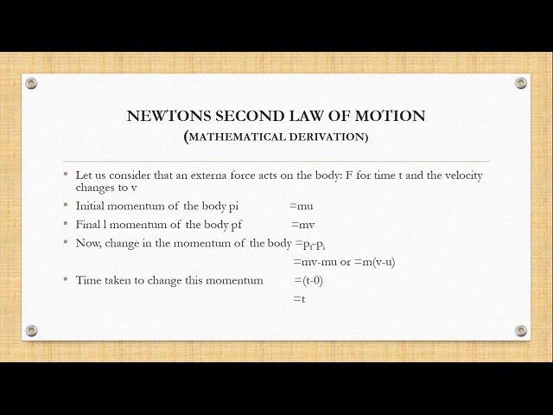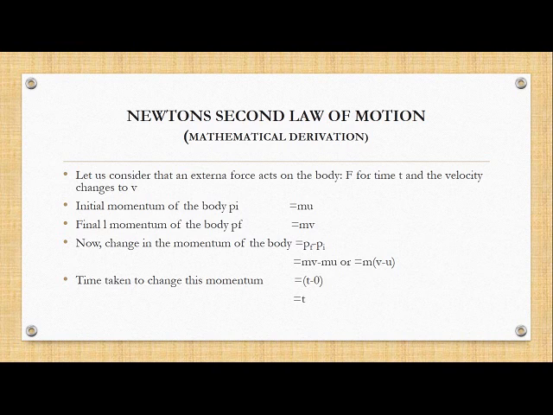Now, how much has the momentum changed? We calculate it by subtracting the initial momentum from the final momentum. So it will be mv minus mu, or taking m common, we can write it as m(v minus u).